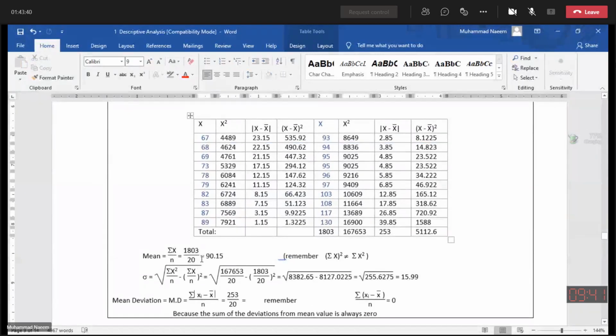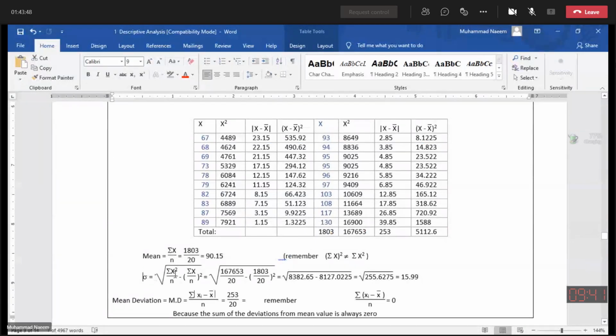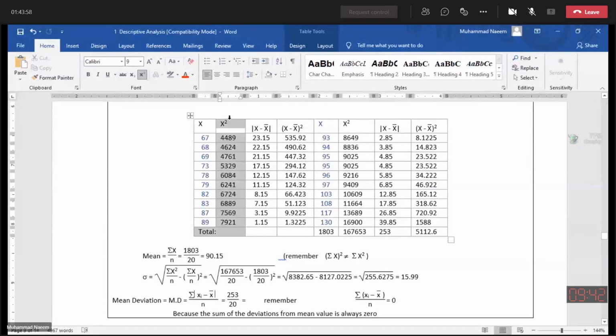Sum up and divide by their number, we get the mean value. Now for the standard deviation, if we use the alternative formula, first find their squares, the squares of all the values, and sum up, dividing by 20.